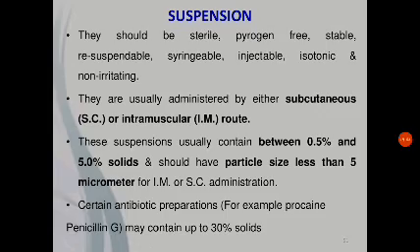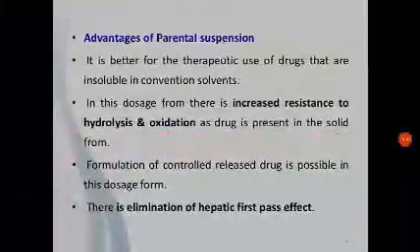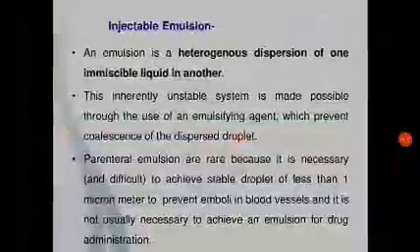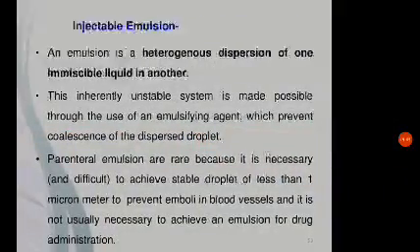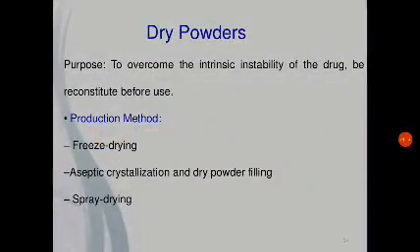A commonly used one is penicillin G. Then emulsions. Dry powders are produced by freeze drying or spray drying. They are commonly used to overcome the intrinsic instability of the drug, and these injections are used for reconstitution and are supplied with sterile water for injection.